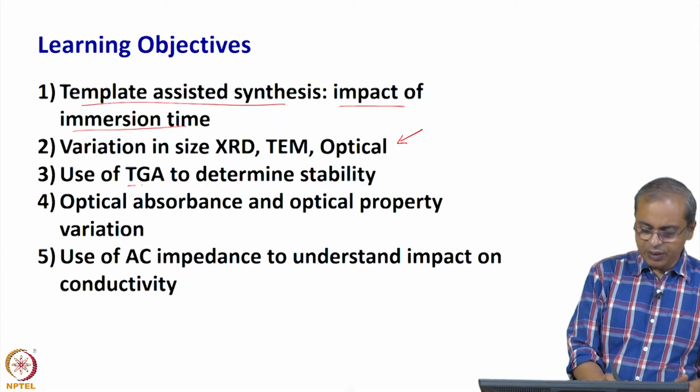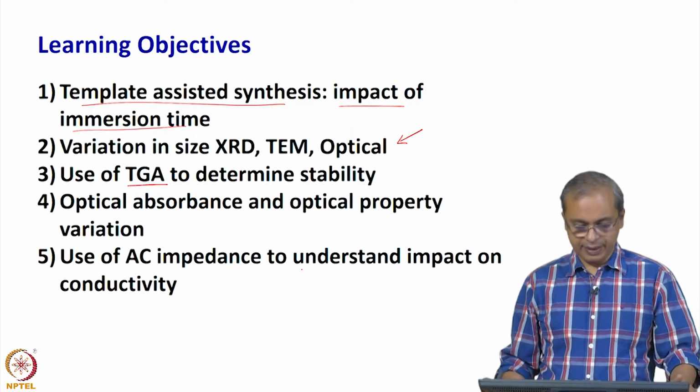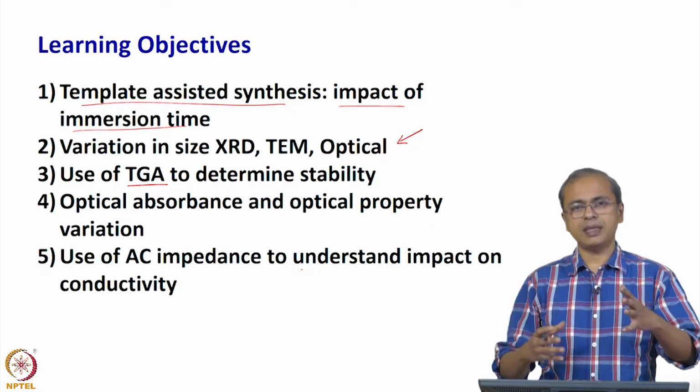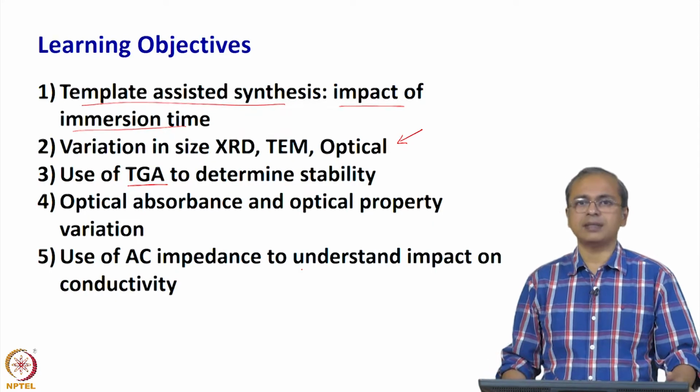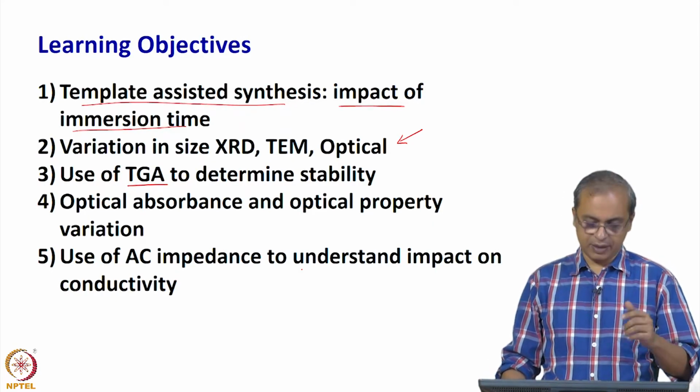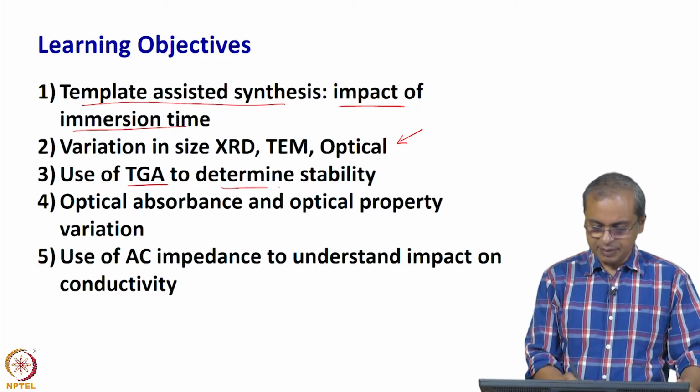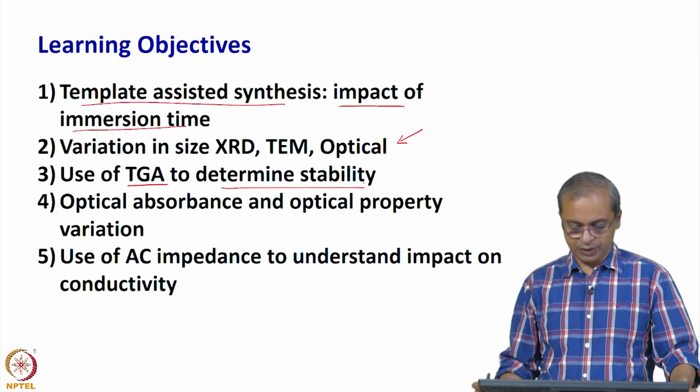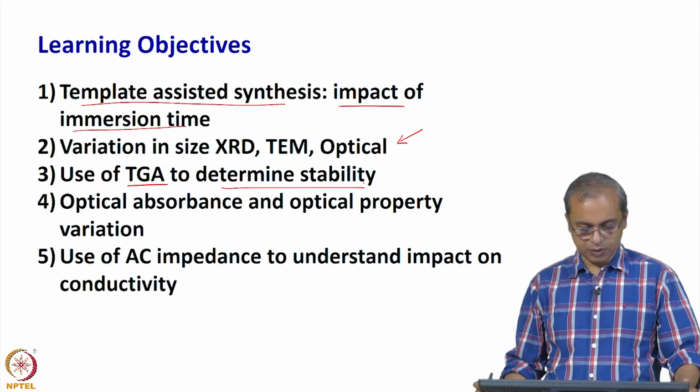We will then look at a technique called TGA, thermogravimetric analysis, which is used to determine something about the stability of various components present within the material.